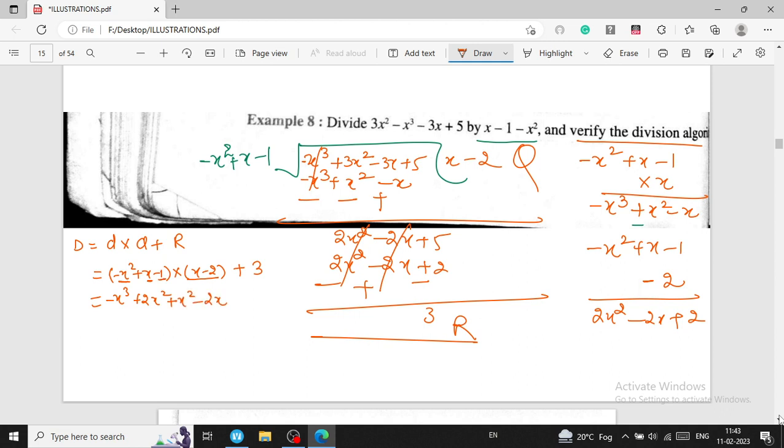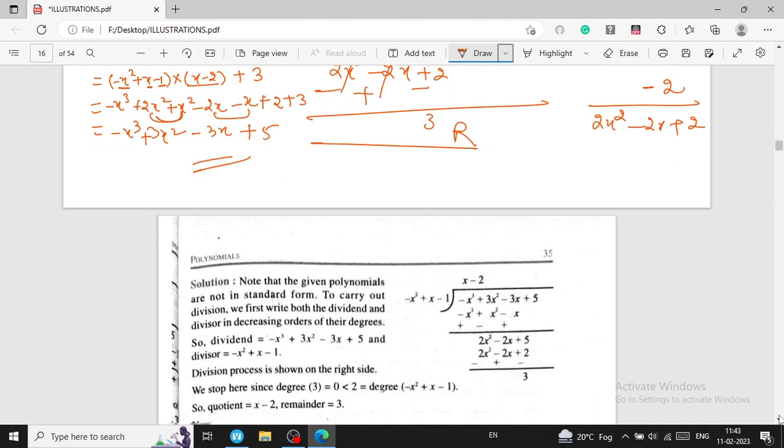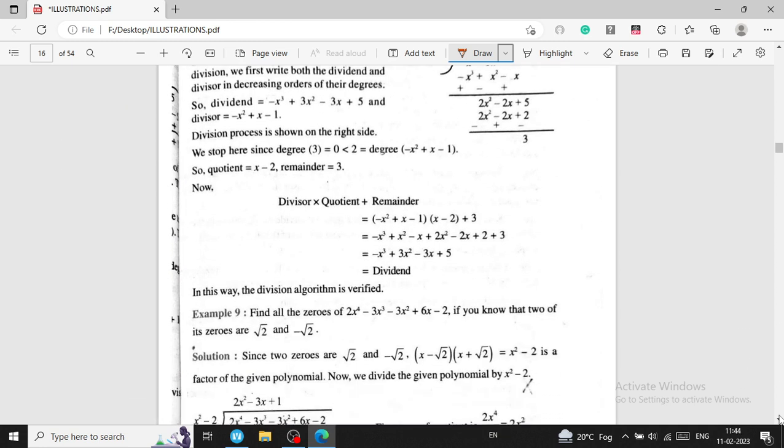Now minus 1 multiplied by the whole bracket gives minus x plus 2, plus 3. Adding, we get minus x cube plus 3x square minus 3x plus 5. You can see we get back the dividend value, so we can say this question is correct.